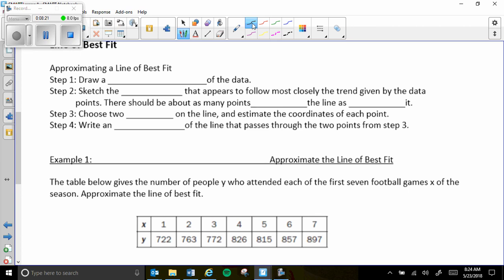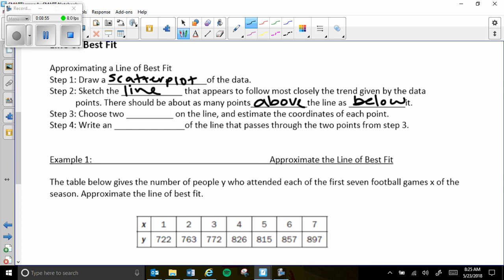So today we're going to work on approximating a line of best fit. So the first thing you do is draw a scatter plot of the data. So we're going to put all our ordered pairs onto our coordinate plane. Then we're going to sketch the line that appears to follow most closely the trend given by the data points. There should be about as many points above the line as below it.